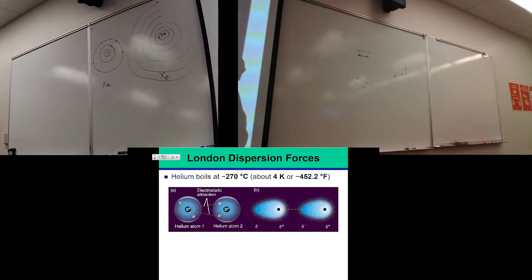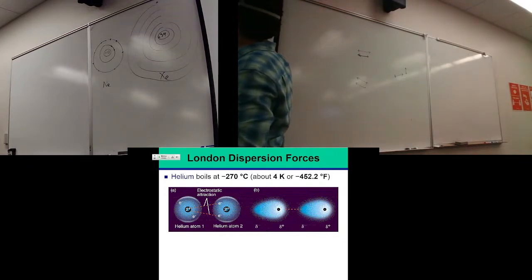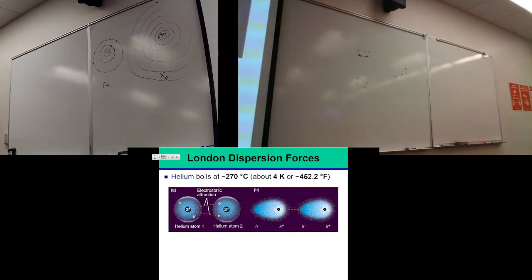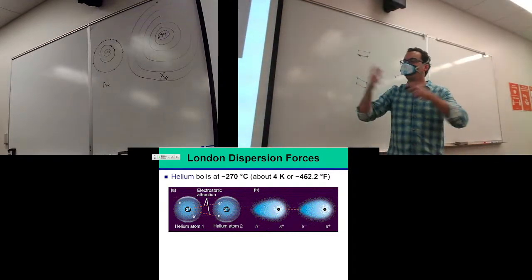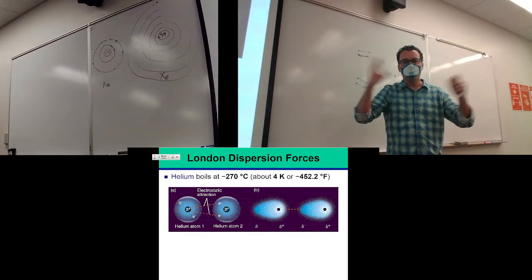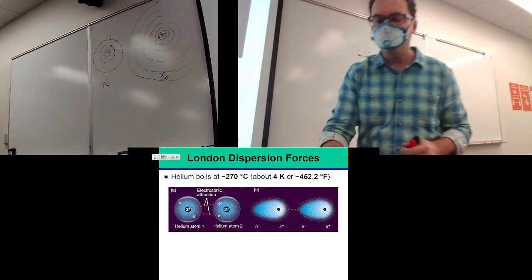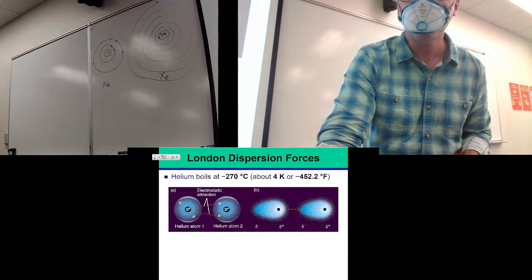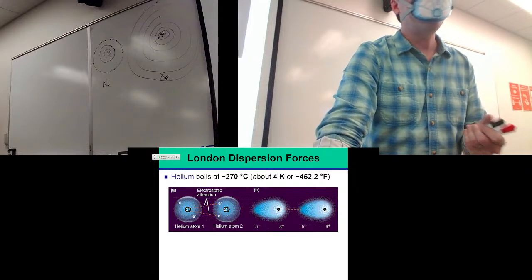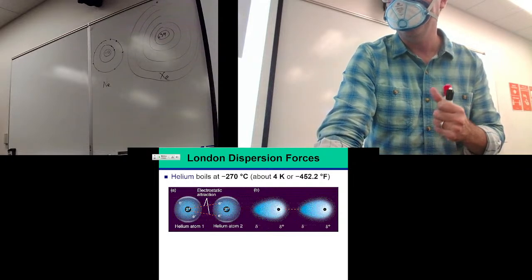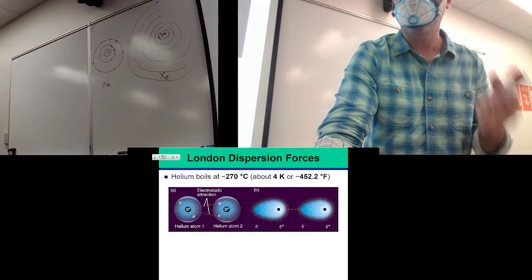And you'll get this temporary dipole moment where you've got a negative side here, a positive side here, and an equivalent positive and negative side here. There is a temporary attraction before the cloud resets. Their electrons are not going to stay where they are. But there are plenty of these temporary interactions. And remember, we're dealing with really large numbers of atoms. So even if it occurs not super often, there are so many atoms that it does occur a lot.